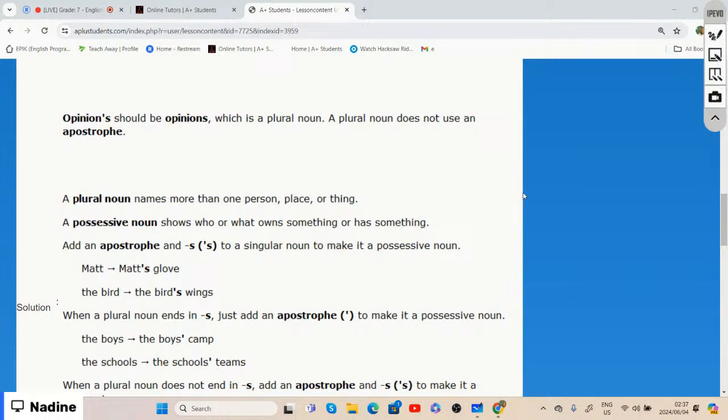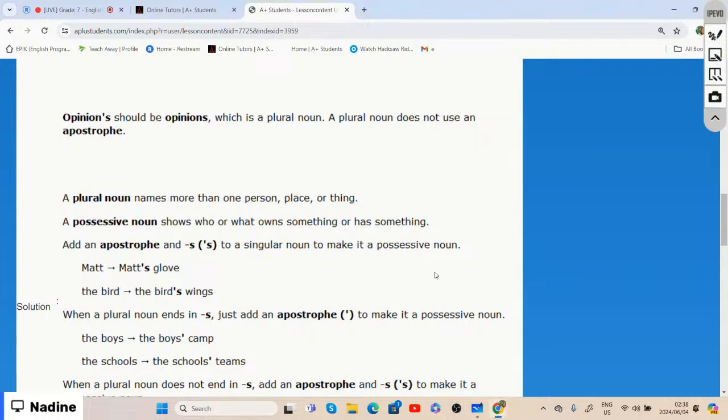and then we need to. All right, so we say opinions should be opinions, and that is what we fixed, right?